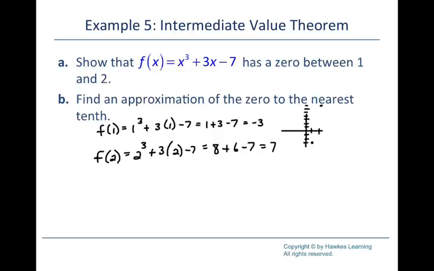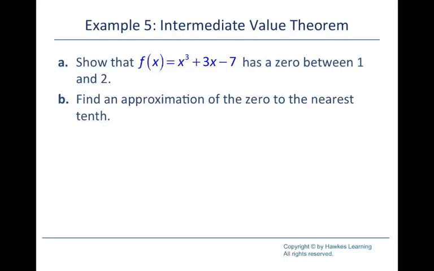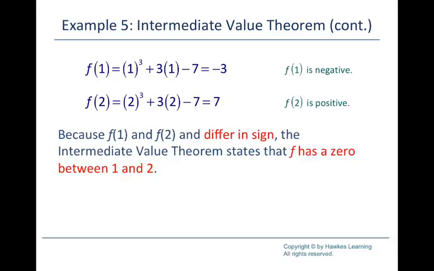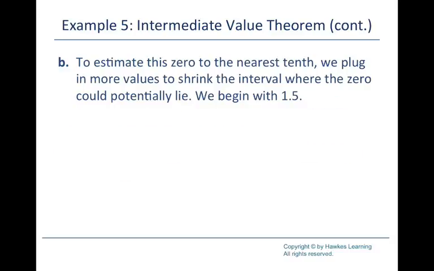I'm way up here. So yes, somewhere between 1 and 2, there is a 0 because it's got to cross the x-axis to go from point 1 to point 2. We did f of 1 and f of 2 and found that one was positive and one was negative. They differ in sign, so there's a 0 between them.